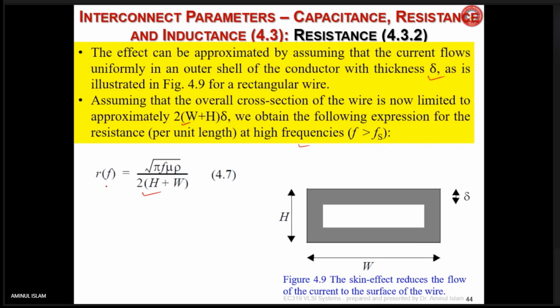So resistance in this case is given by this equation: R frequency dependent equals square root of pi f mu rho by twice into h plus w. H is the height or thickness, and w is the width of the wire. Say the metal may be going like this, a long way, with length in this direction. You can think of length in that direction, and the width and height are given here.